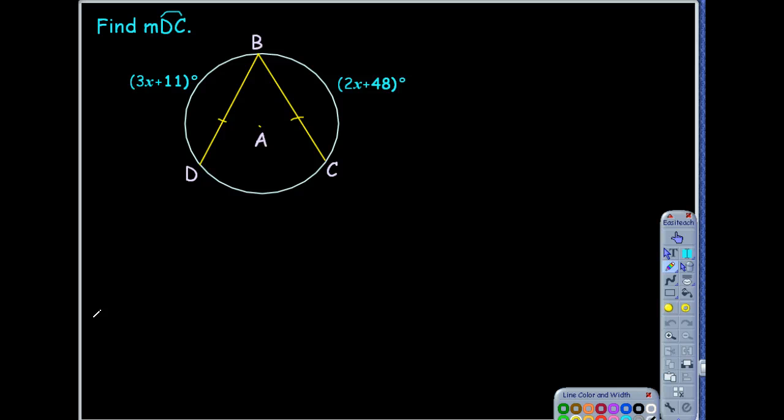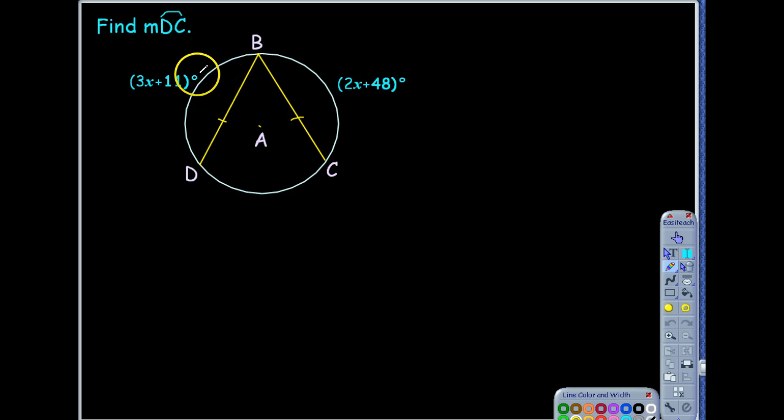Okay, so this next one says find the measure of arc DC. If we were going to find the measure of arc DC, let's think about what we do have in the picture. Well, I see 2 chords that are marked as congruent. Okay, and that probably has something to do with this. So the fact that they have things labeled, are these associated with the chord? Or no, those are with the arcs.